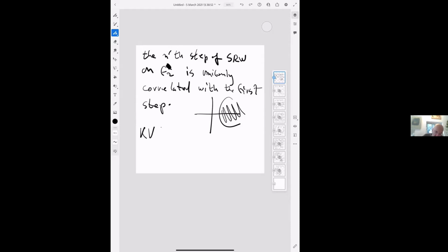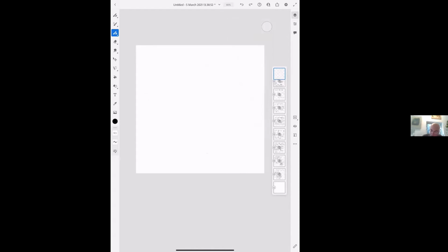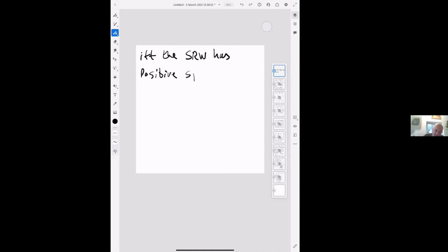And Kaimanovich-Vershik, in their '83 paper, studied harmonic functions on groups, and their criterion was that a finitely generated group admits non-constant bounded harmonic functions if and only if the simple random walk has positive speed.